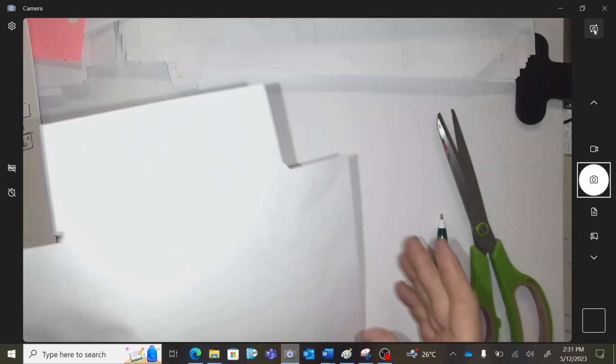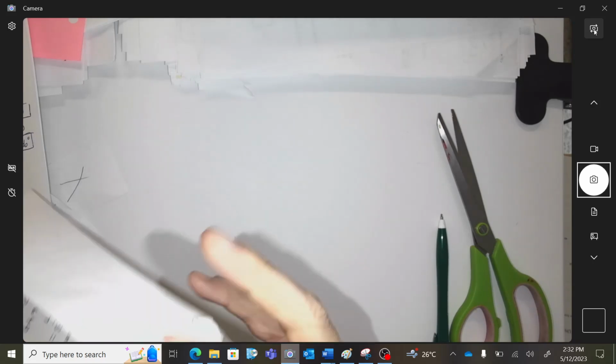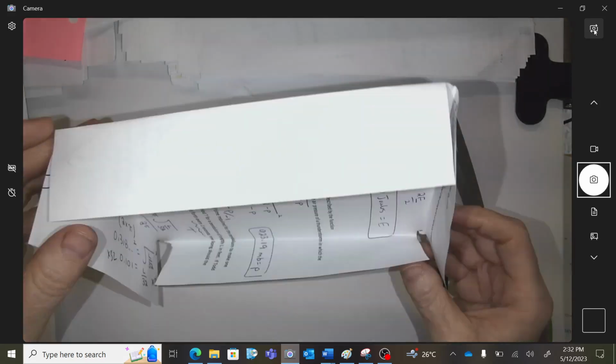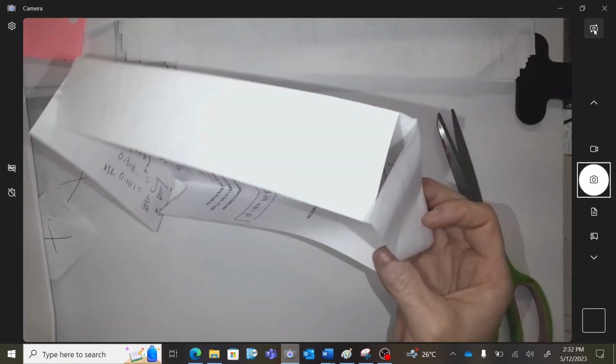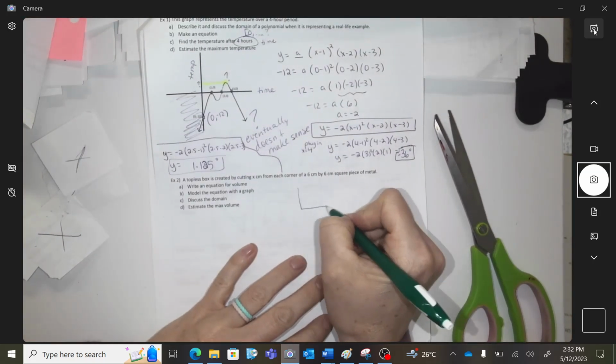There's my paper. Now, what I'm going to do is take these sides and fold them up. Maybe you've done this before as a little kid, putting this in the water. And now I have a box. So, that lunch tray.